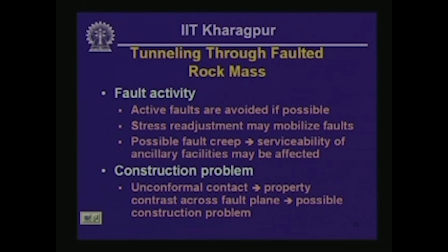Construction problems might also arise in the construction of tunnels through faulted areas. The problem essentially involves the fact that faults are unconformal contacts in which the rock mass on either side of the fault plane could be of remarkably different stiffness and strength characteristics.